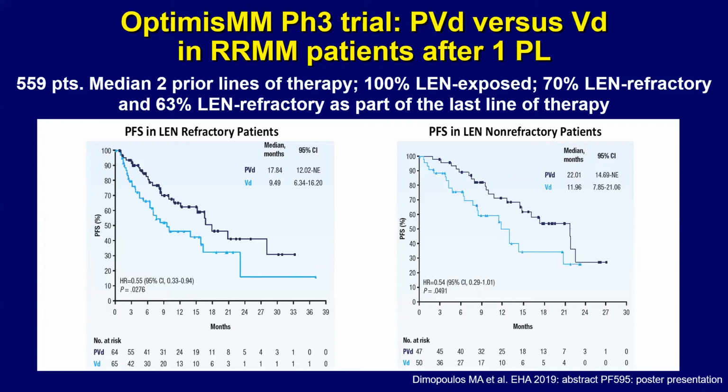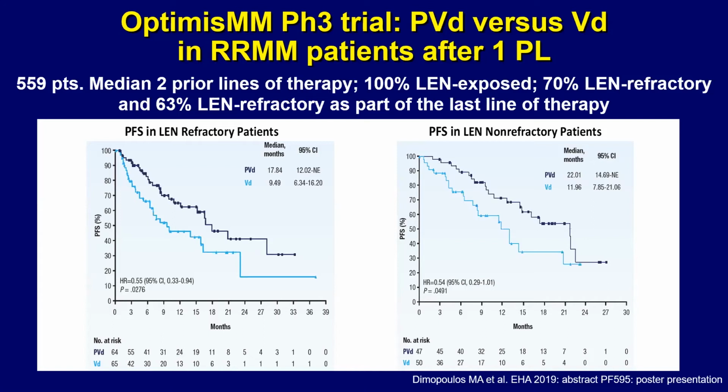And the number of patients in this trial was very good, 559 patients with median 2 prior lines of therapy, and 100% lenalidomide exposed, with 70% lenalidomide refractory and 63% lenalidomide refractory as part of the last line of therapy, still showing some real improvement in the pomalidomide VD arm compared to VD, with a hazard ratio of 0.55.